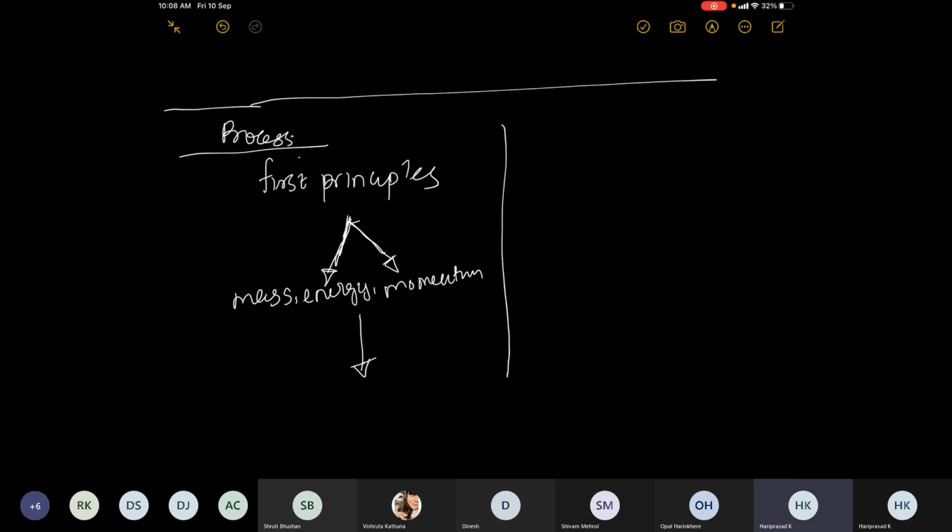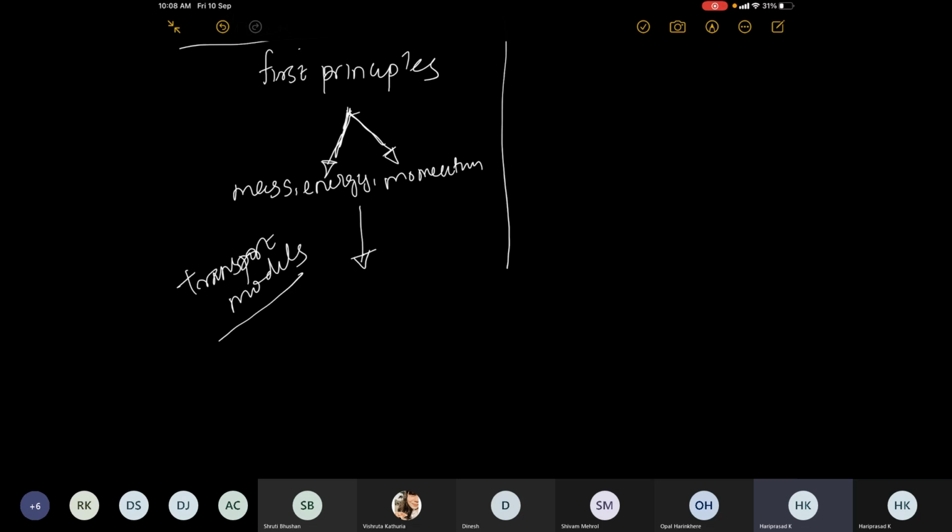So basically, these are our transport equations. This we call the transport model. So this could be heat, mass, whatever. Invariably, these would most likely be ODEs or PDEs.